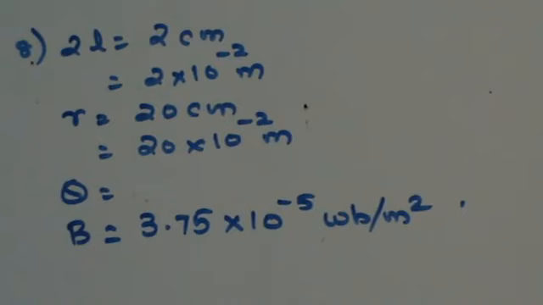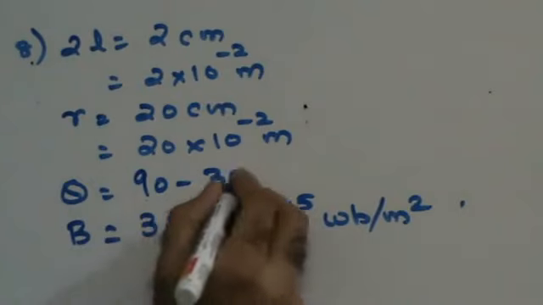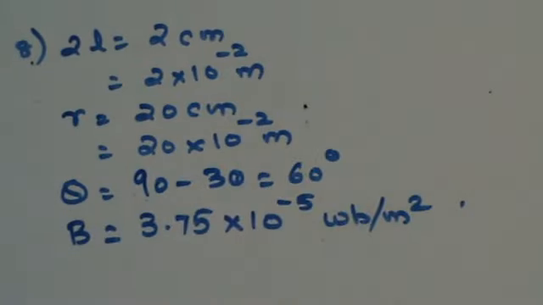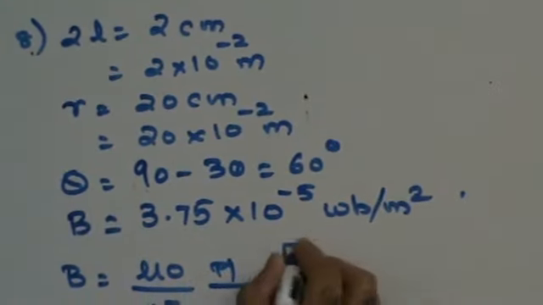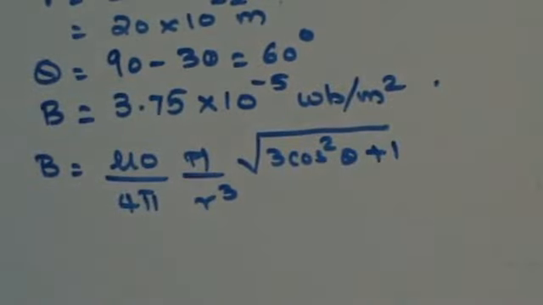Again here they give you an angle of 30 degrees with the equator. 30 degrees with the equator means with the axis it will be 60 degrees. Once you have this, first you will use the magnetic induction formula, mu 0 upon 4 pi, m upon r cube, square root of 3 cos square theta plus 1.